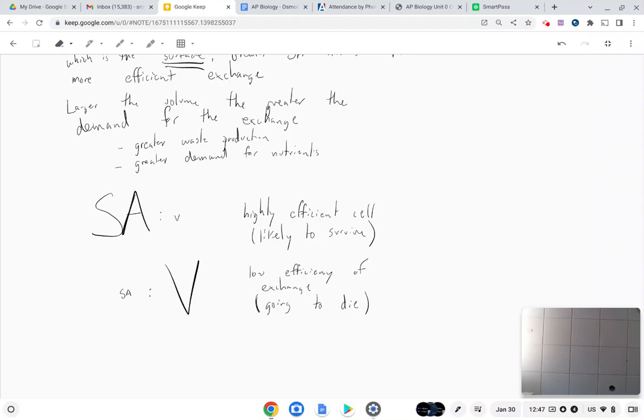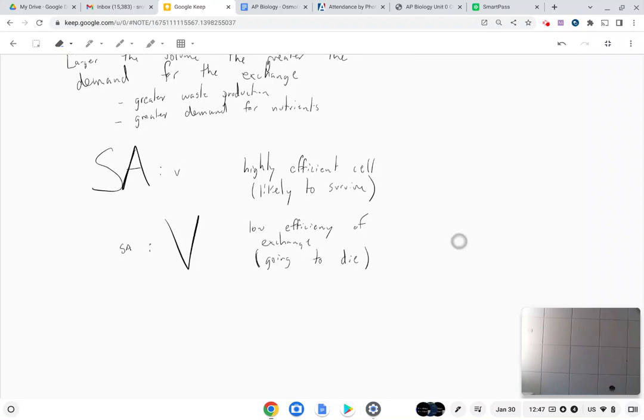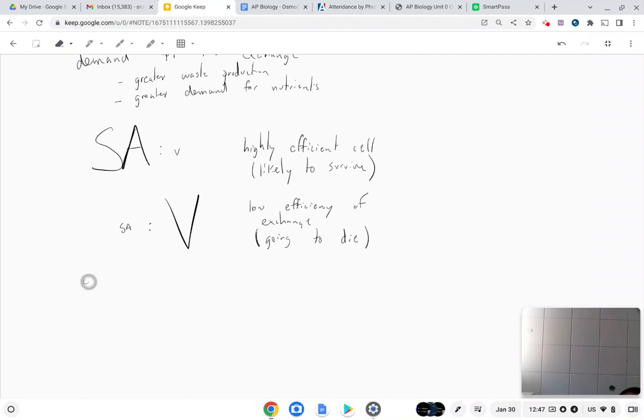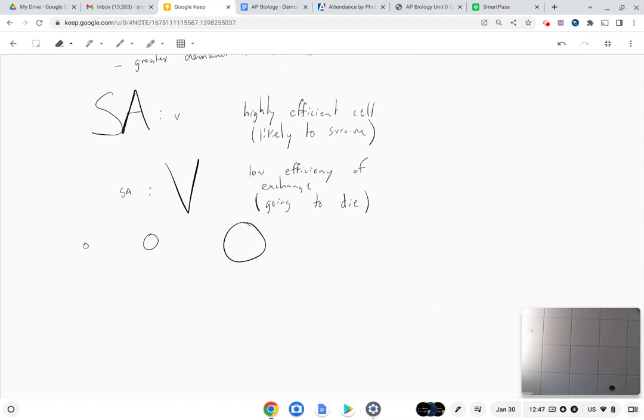Okay, so here's where the math comes into play. Imagine cells of varying size. So we've got maybe really tiny, medium, and then large. If we compared the surface area to volume ratios of these three cells, small, medium, and large, it would look like this.